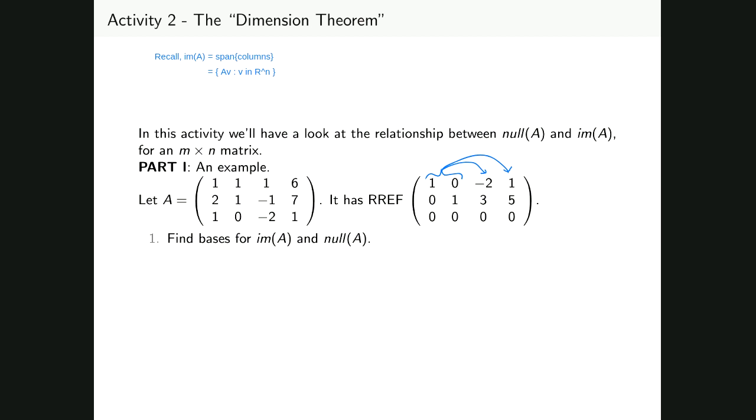So what we're going to do is start looking for a basis for that image, assuming that the last two columns can be written as scalar multiples of the first two columns.